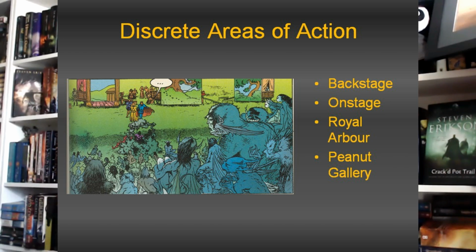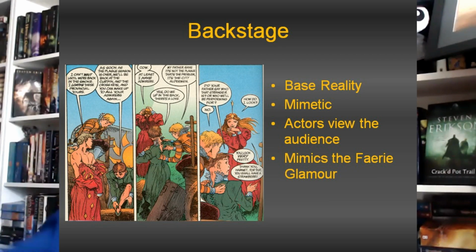And it becomes even more pronounced the further into the Peanut Gallery we go. So there's a clear progression of narrative realities. They're all connected, but they are all slightly distinct.